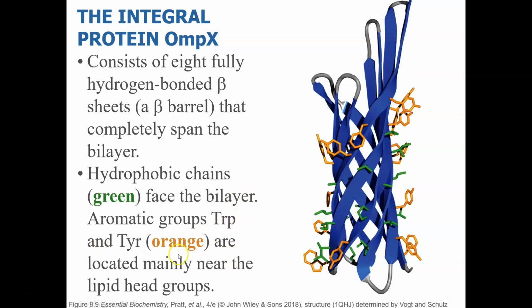Tryptophan has the phenyl group, and the indole group has an NH group. So you can see where the boundary is between the portions of the protein that are interacting with the fatty acyl chains in the membrane, and those amino acids that are interacting with the phospholipid head group.